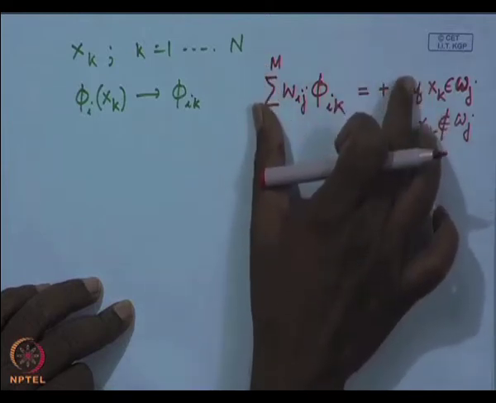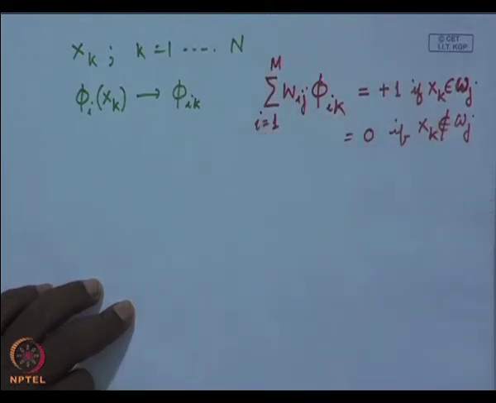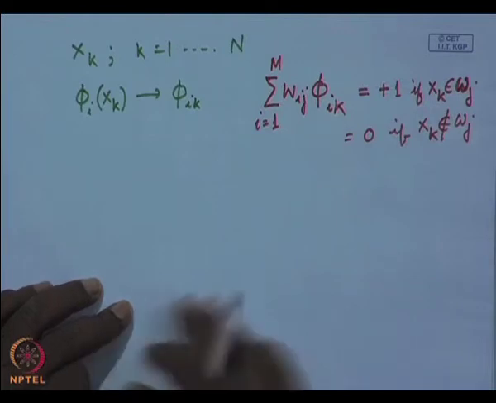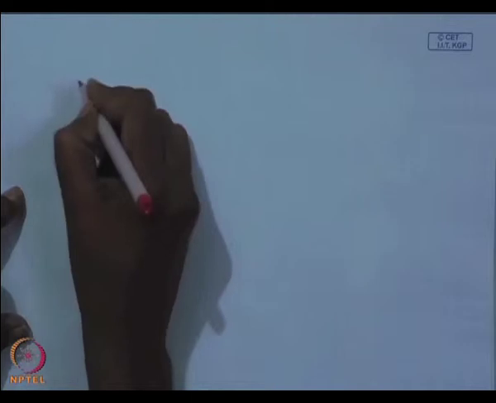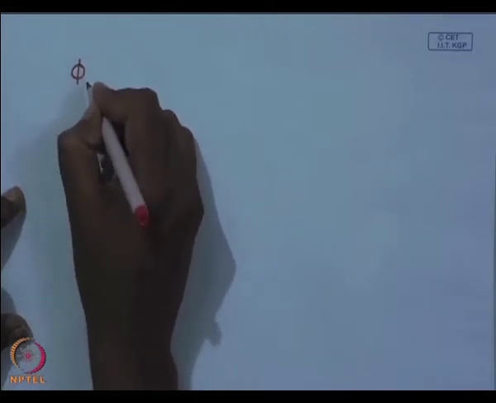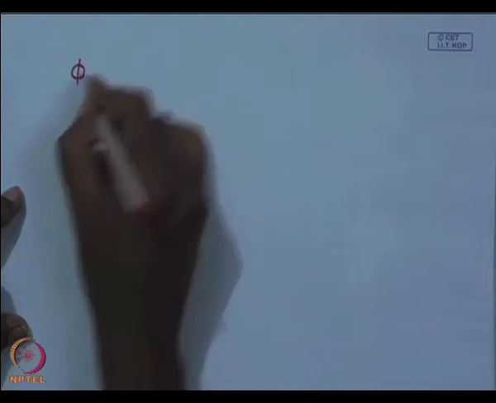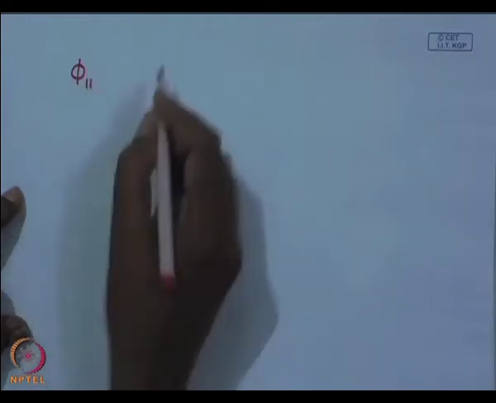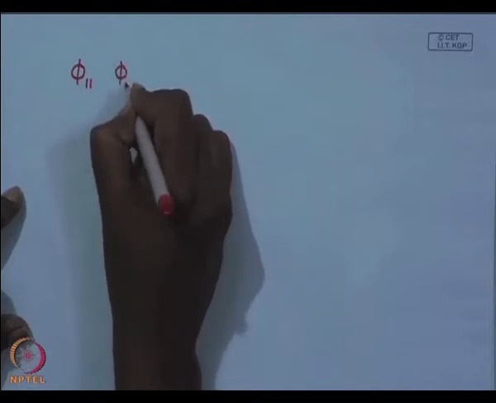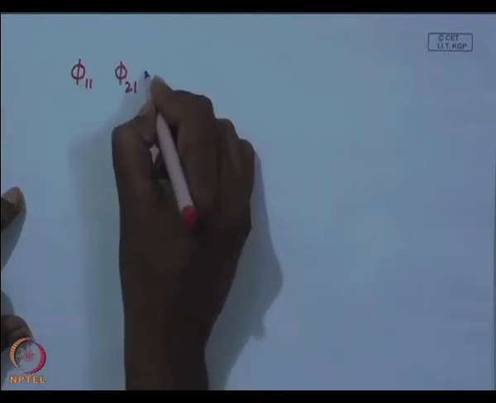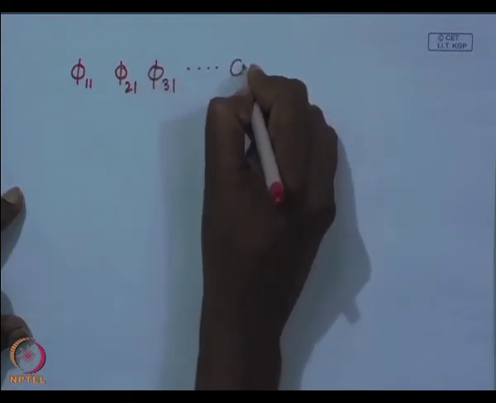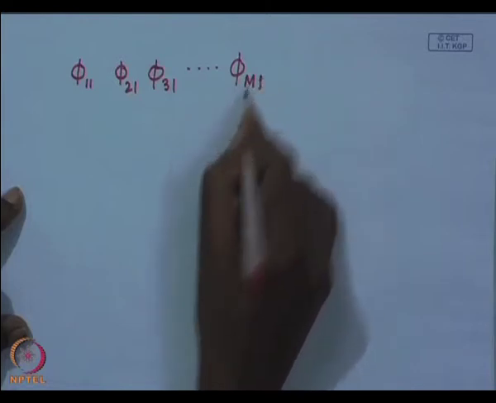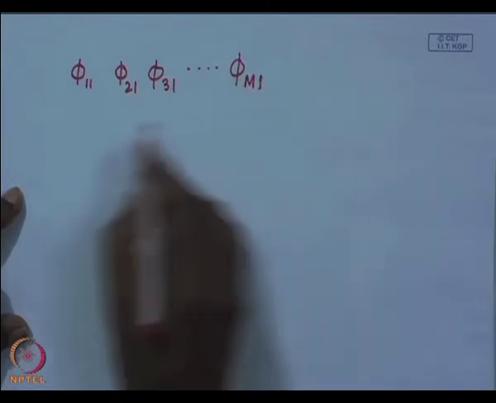And all those capital N number of equations now I can write in the form of a matrix. So, in the matrix form, let me write the matrix equation: phi 1 1, which means phi 1 of x 1, phi 2 1, that is phi 2 of x 1, phi 3 1, up to phi m 1, this means phi m of x 1.